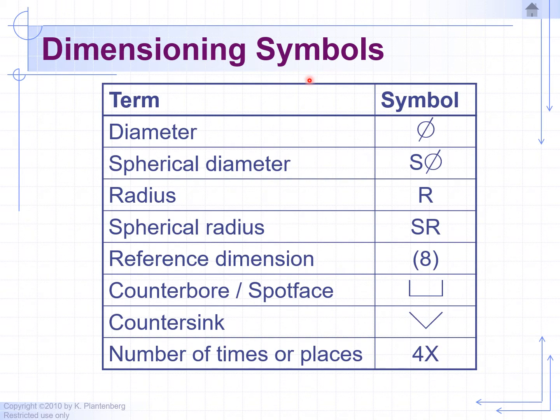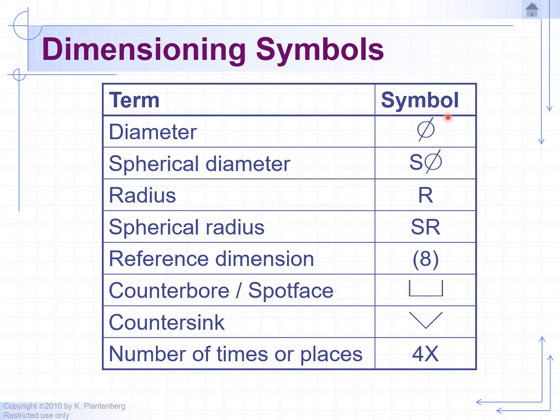Dimensioning symbols. Okay, first let me mention that in the past, we didn't use that many symbols. We actually used to use words. So if you go back to the 50s, 60s, 70s, or even a lot earlier, you're going to see, for example, diameter written out, or DIAM, short for diameter, 1.00 inches, for example, for the size of a circular hole.